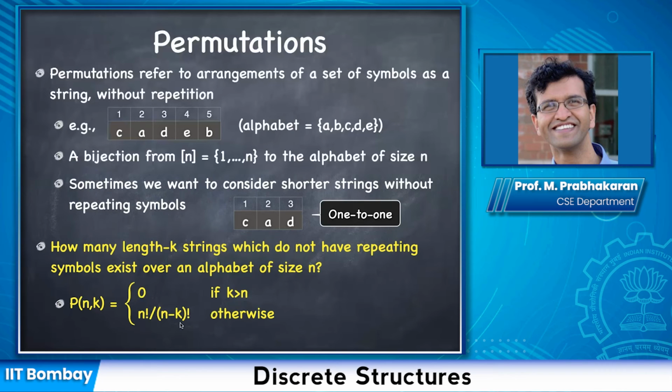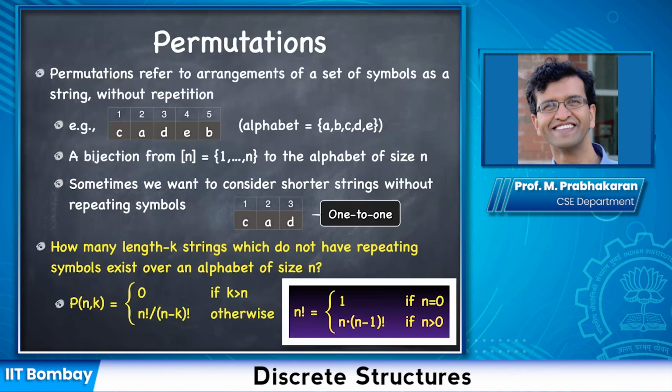If k is less than or equal to n, then I claim that this expression here gives you the right count. And this expression is in terms of n factorial. So n factorial is defined as follows. I need to define 0 factorial here to handle when n equals k.